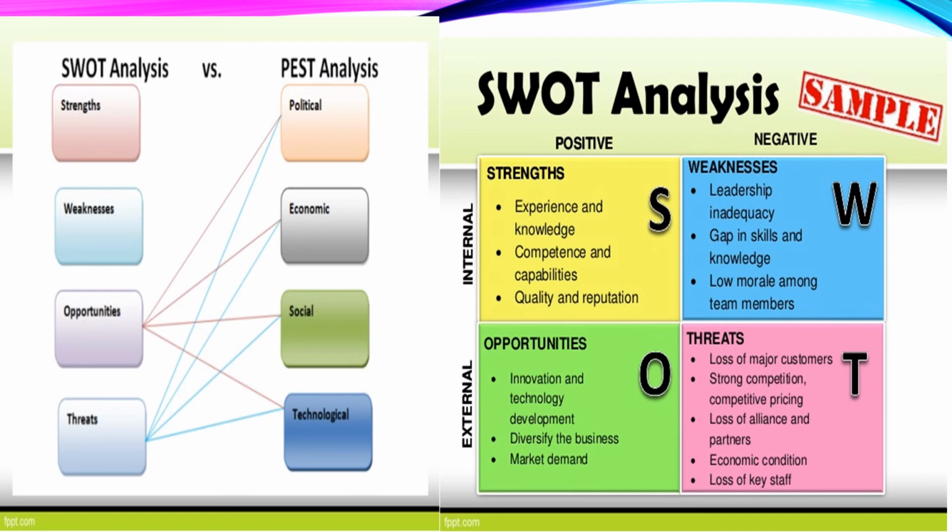Next, we have SWOT analysis versus PEST analysis. S stands for strengths. W stands for weaknesses. O stands for opportunities. And T stands for threats. PEST analysis is political, economic, social, technological.